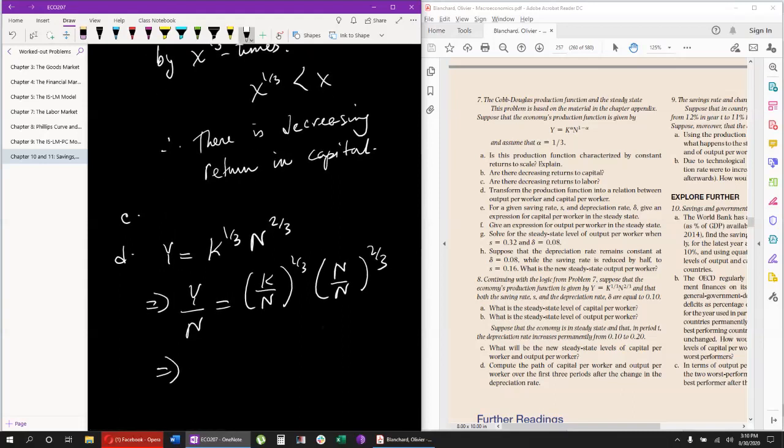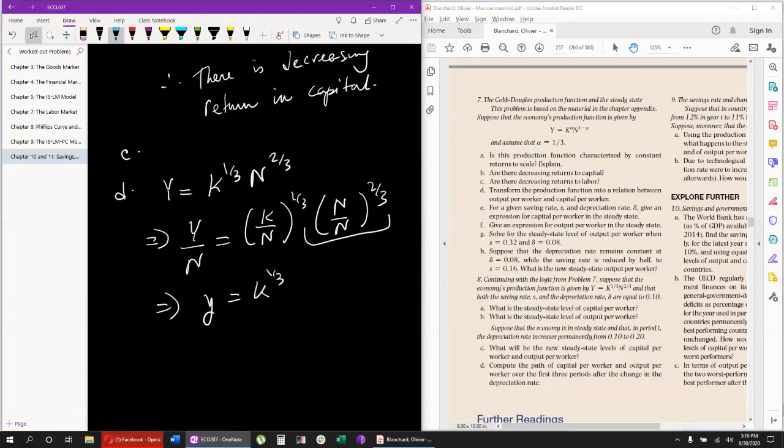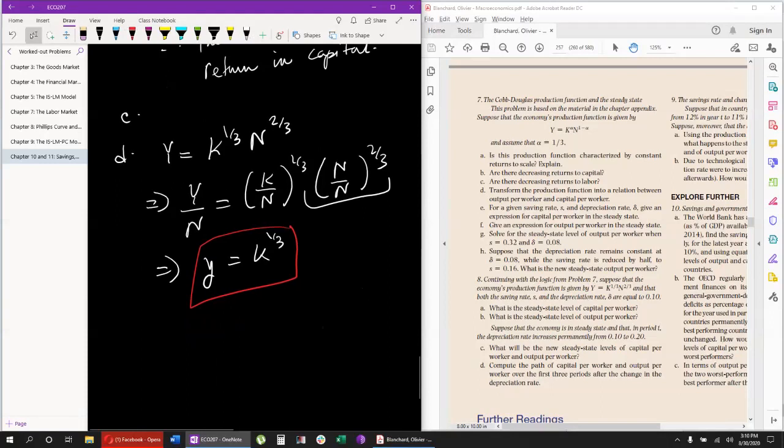That gives us small y equals small k to the power 1 by 3. This is just 1 to the power 2 by 3, which is just 1. So this is our production function in per worker terms. And that's part D done.